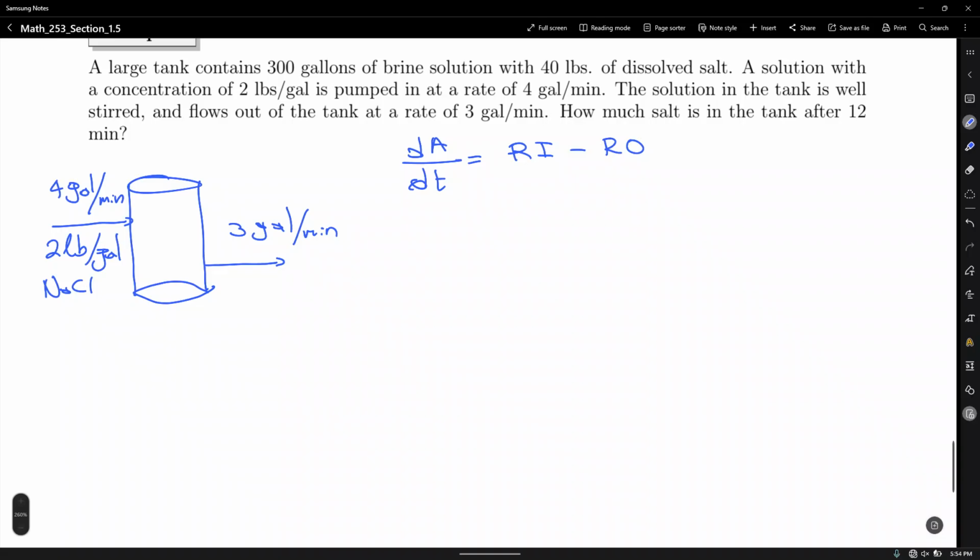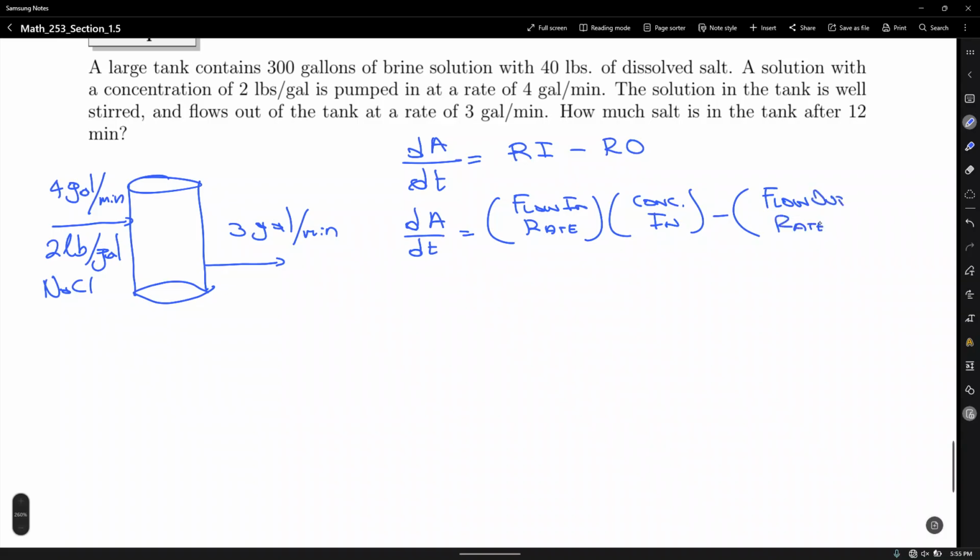So, okay, dA/dt. This is equal to, again, flow in rate times the concentration in minus flow out rate times the concentration out.